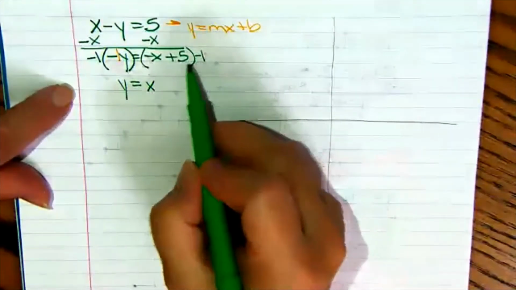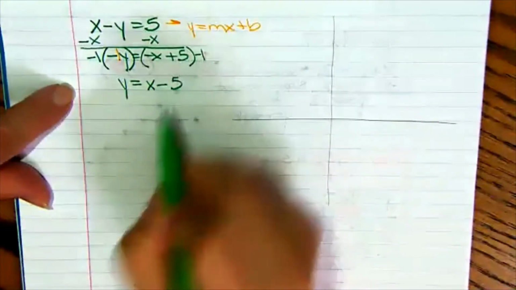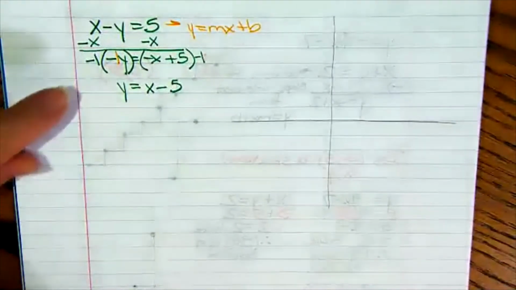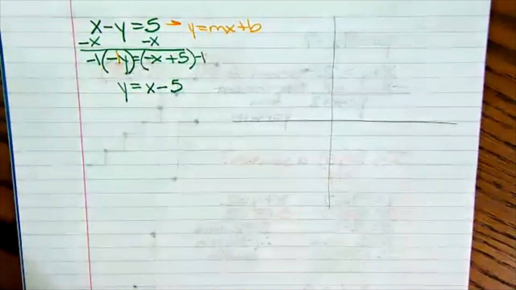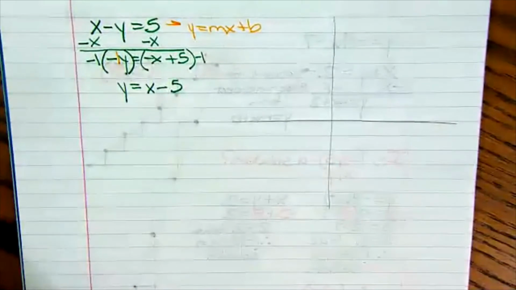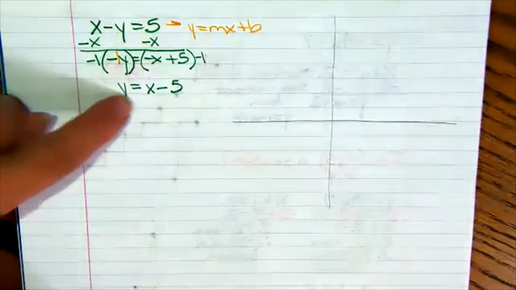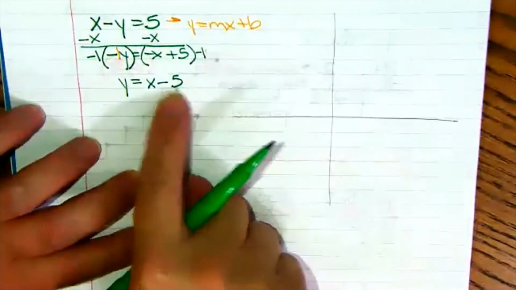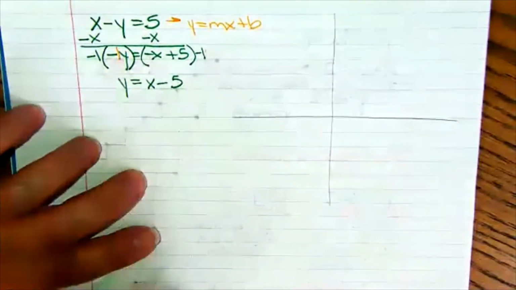And -1 times positive 5 is -5. So basically, all we've done is just switch the signs of everything. This is now in y equals mx plus b format.